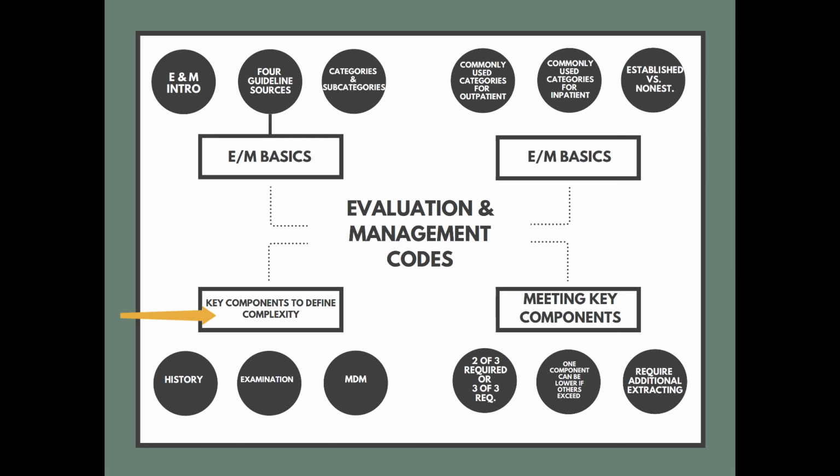The second is the amount and/or complexity of medical records, diagnostic tests, or other information that must be obtained, reviewed, and analyzed. The third is the overall risk, which includes the risk of significant complications, morbidity, mortality, and any comorbidities associated with the patient's presenting problems, any diagnostic procedures performed, and lastly, management options.